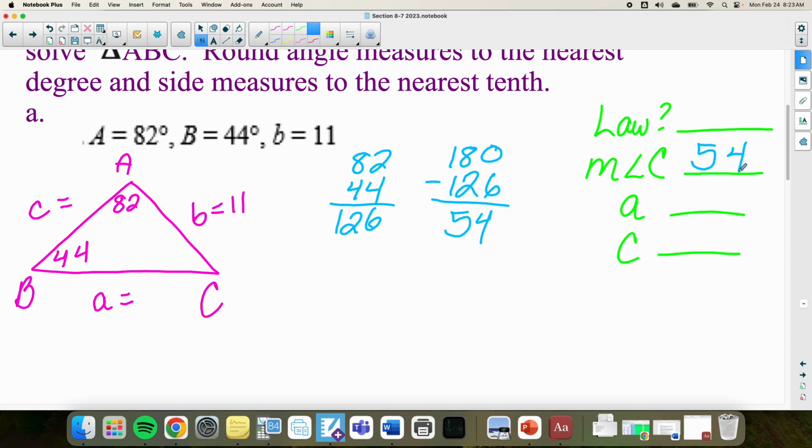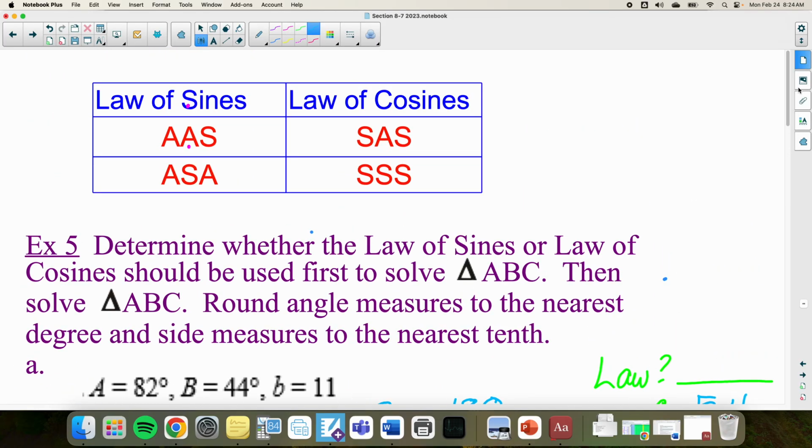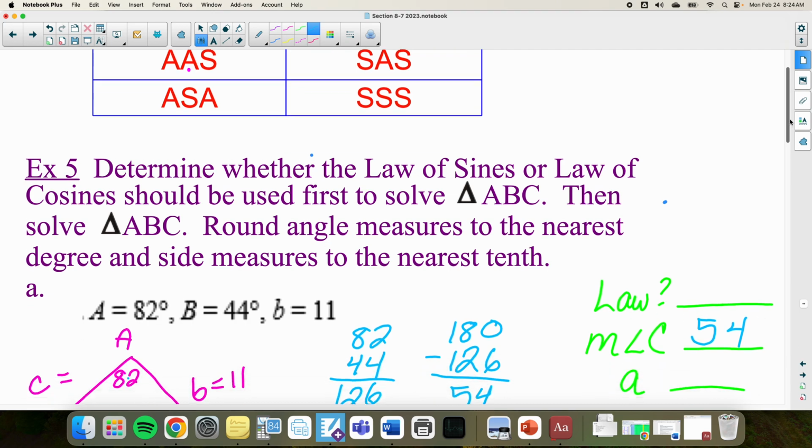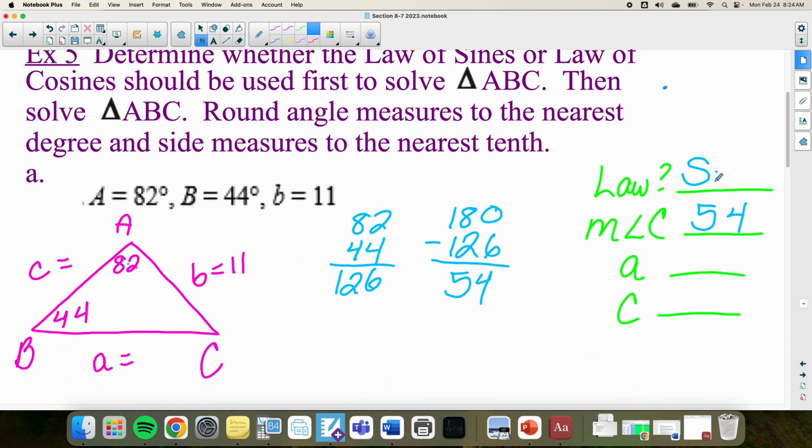Now, another thing we have to do is say, would we start with law of sines or would we start with law of cosines? Notice we're given two angles. When you are given two angles, these two do not have two angles in them. So you're going to start with law of sines, okay?